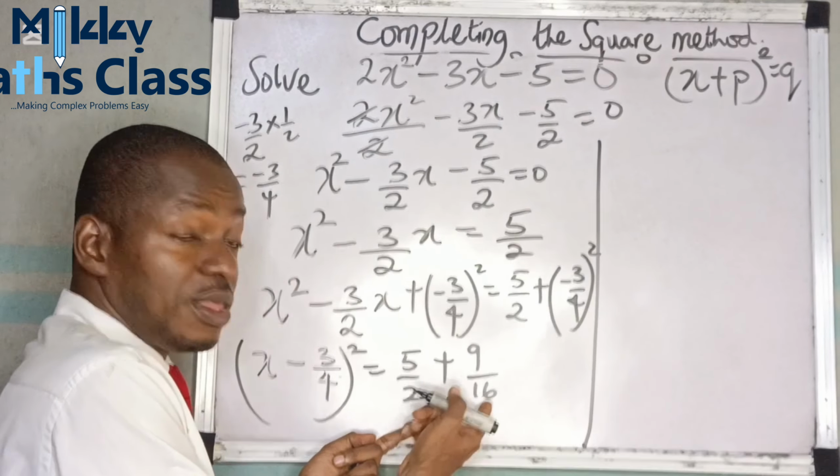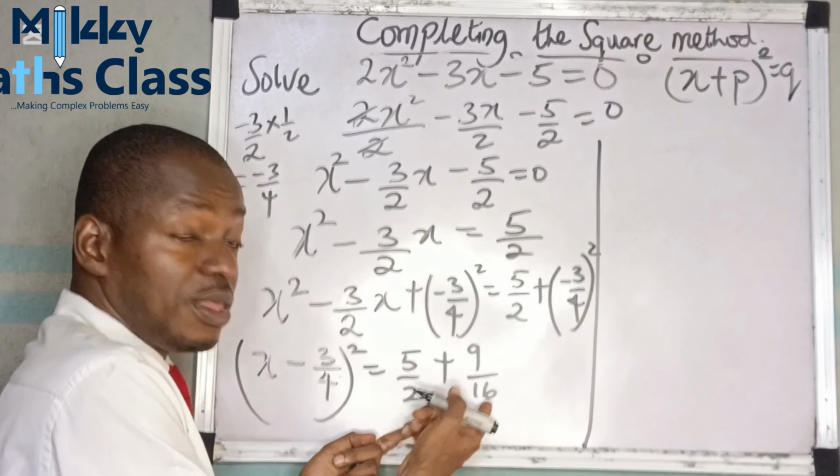So this becomes x minus 3 over 4 raised to the power of 2 equals, 8 times 5 is 40, 40 plus 9 over 16, which equals 49 over 16. Now take the square root of both sides.